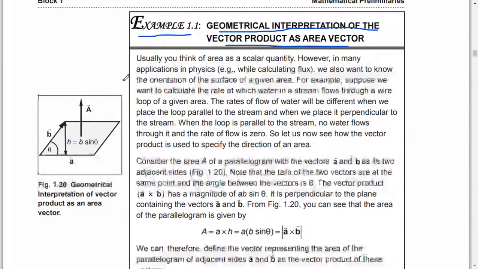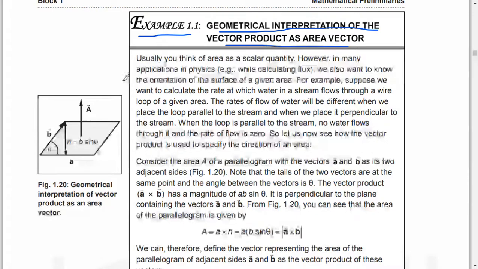For example, suppose we want to calculate the rate at which a water stream flows through a wire loop of a given area. The rate of flow of water will be different when we place the loop parallel to the stream and when we place it perpendicular to the stream. When the loop is parallel to the stream, no water flows through it and the rate of flow is 0.